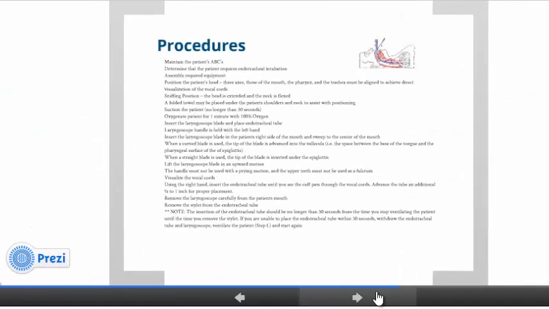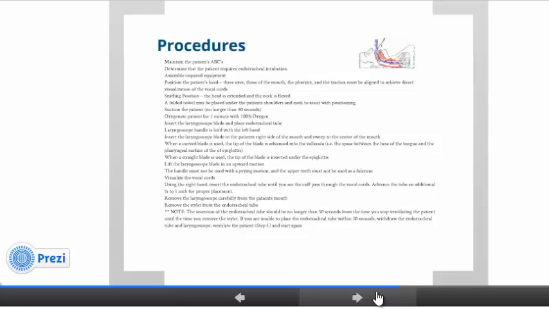Here's the procedure, and we've talked about it in class, and we will continue to do a practical portion of this until you get it right, and then we'll keep doing it because, like I said, you don't use it, you lose it. Make sure you position your airway, position your patient, get the equipment ready, then go ahead and insert the laryngoscope and sweep the tongue away.